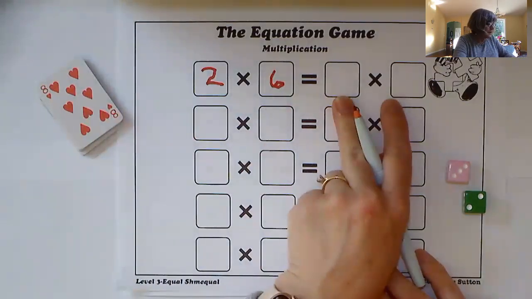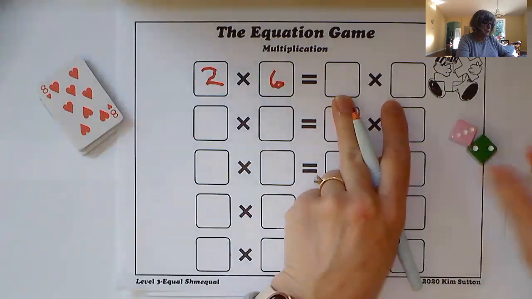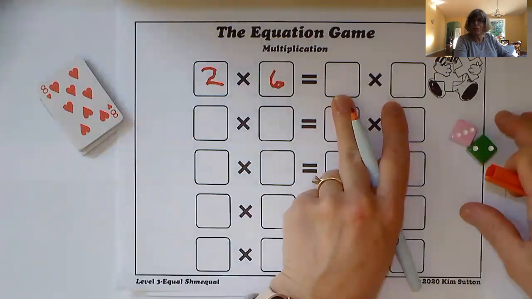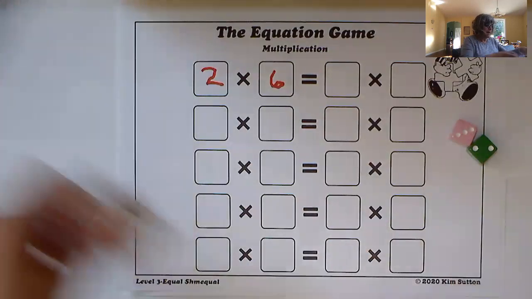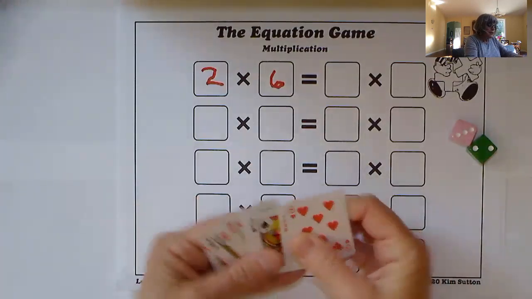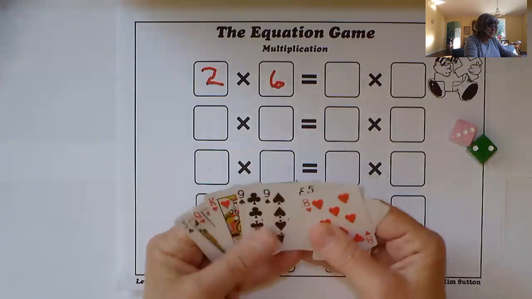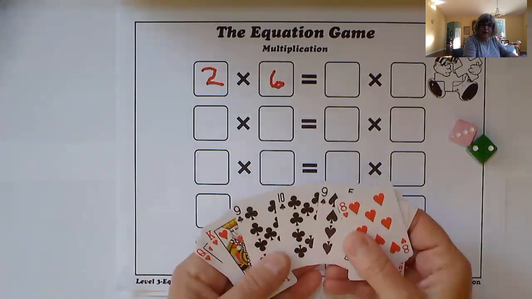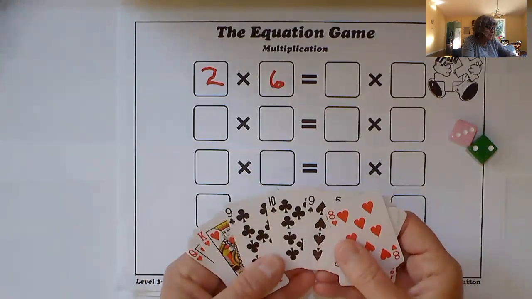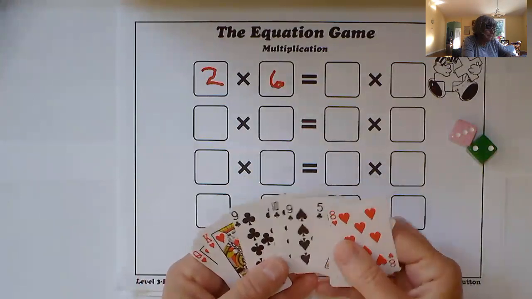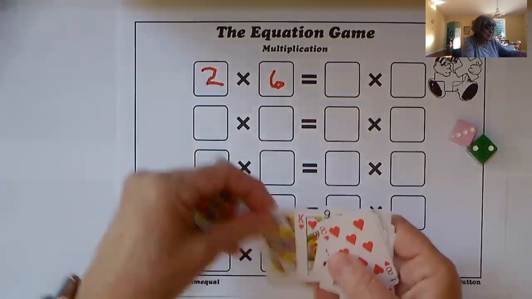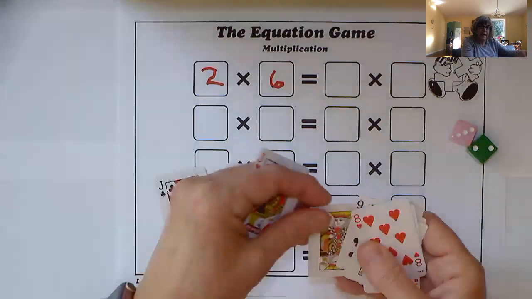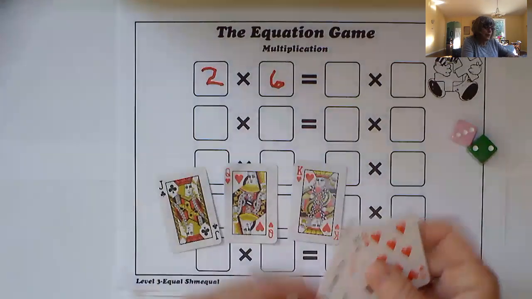So what would I be looking for? Oh, if I'm playing with regular dice, the only possibilities would be a 3 and a 4. The nice thing about playing this game with playing cards is you have more factors possible, because in a deck of playing cards, the highest number that you will pull is a 10, but you can use a jack as an 11, a queen as a 12, and a king as a 13.